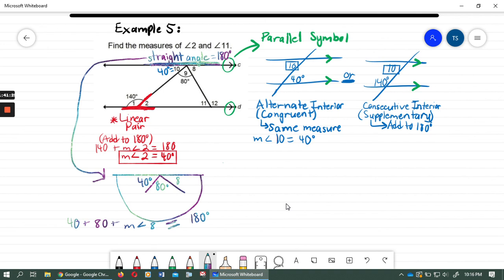Those three angles added together equal 180, and so that's 120 plus the measure of angle 8, which means the measure of angle 8 has to be 60 degrees. So again, folks, the measure of angle 8 has to be 60 degrees.